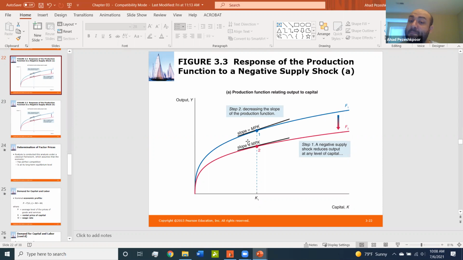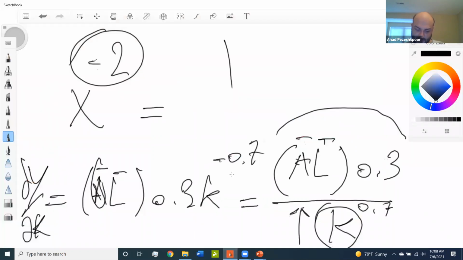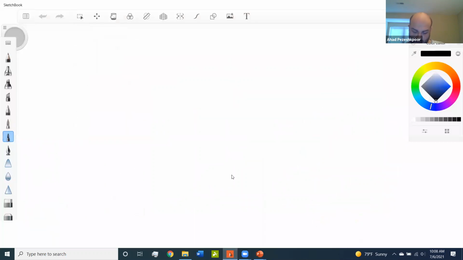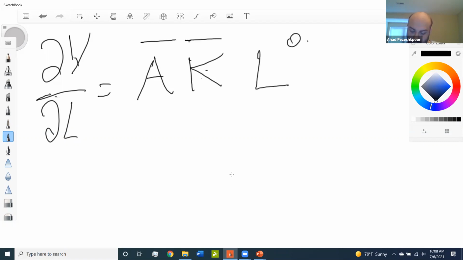Now, we also have MPL, marginal product of labor. When we want to talk about marginal product of labor, we do the exact same thing we did for capital. Just in this case, we take the derivative of the production function with respect to L. We consider A as a constant, and we consider K as a constant, but we take the derivative of L. Taking the derivative of this gives minus 0.3 multiplied by 0.7.